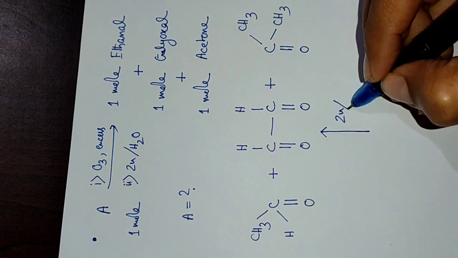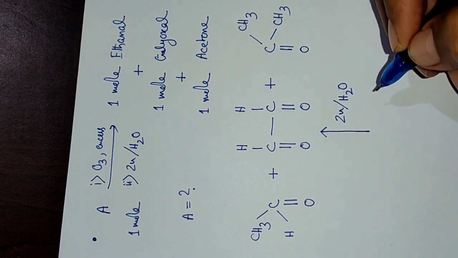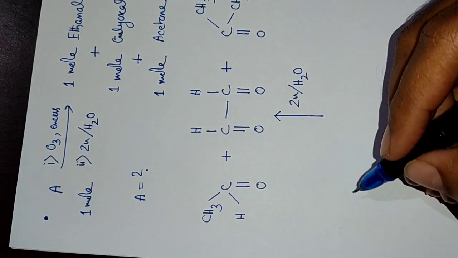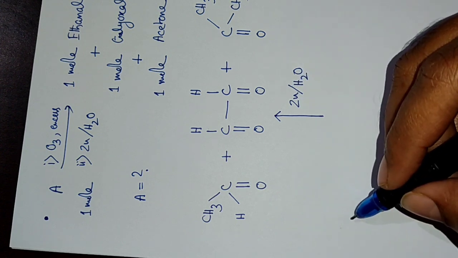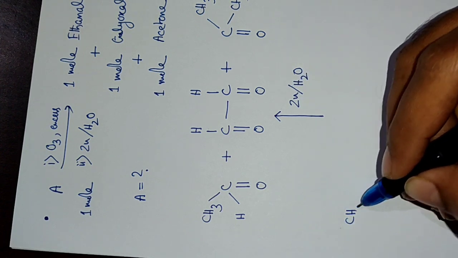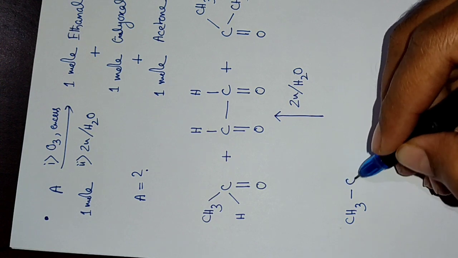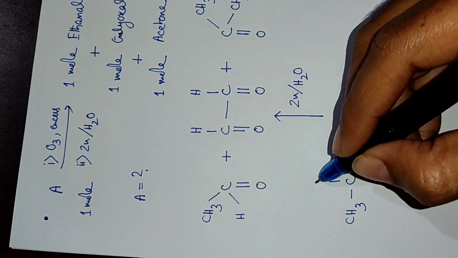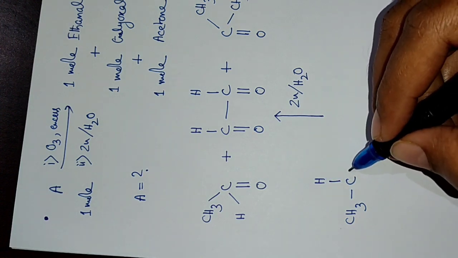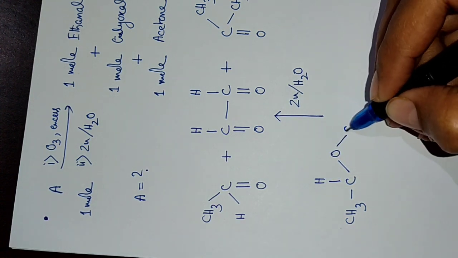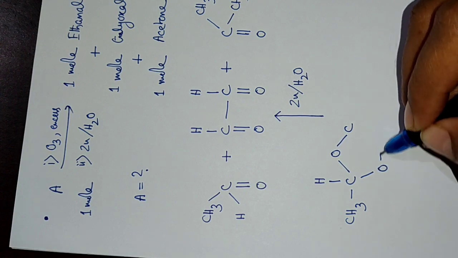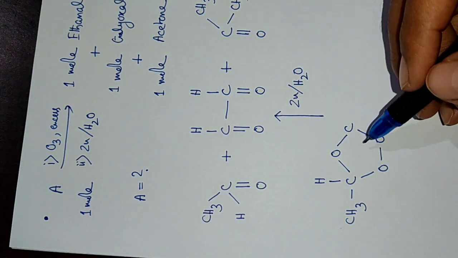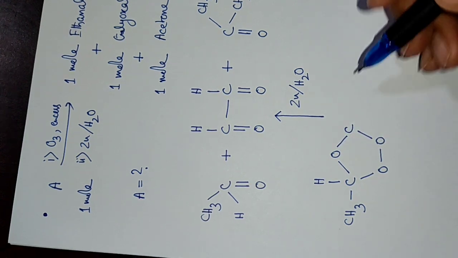Now if we go back, that is we apply zinc water here so that we get this set of products. So before applying this, what was the ozonide form? It was like here we have one CH3 and one H, and this is the ozonide.